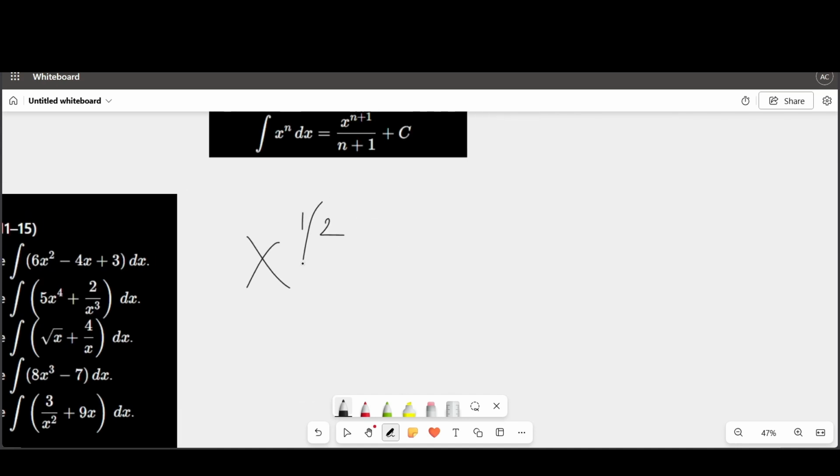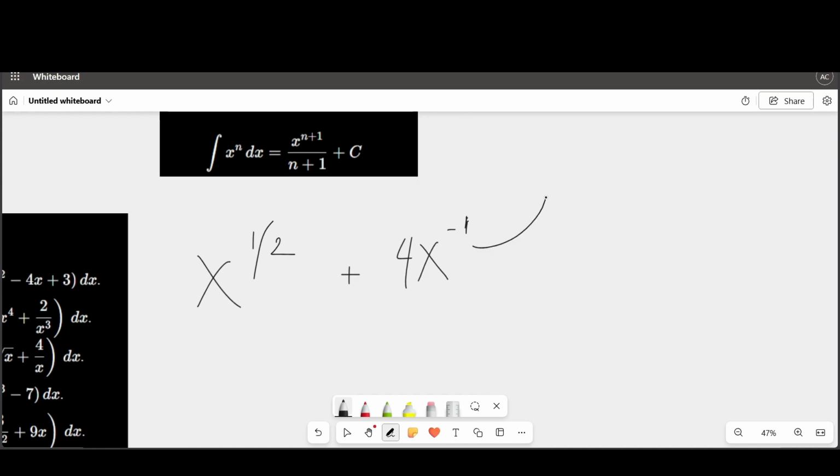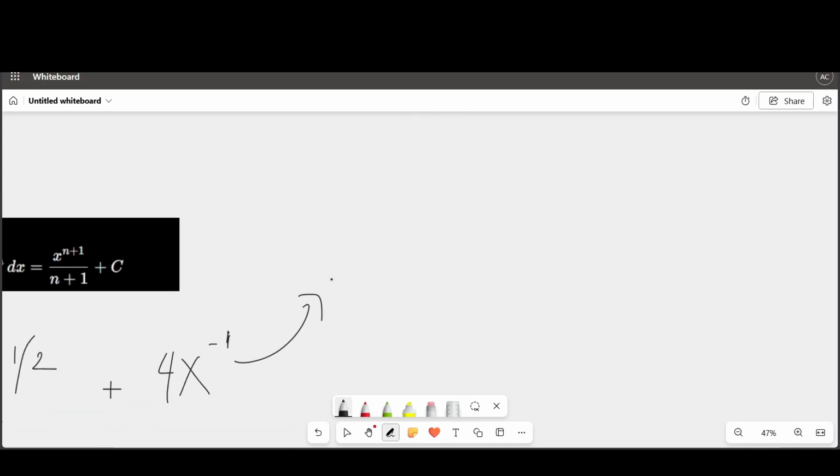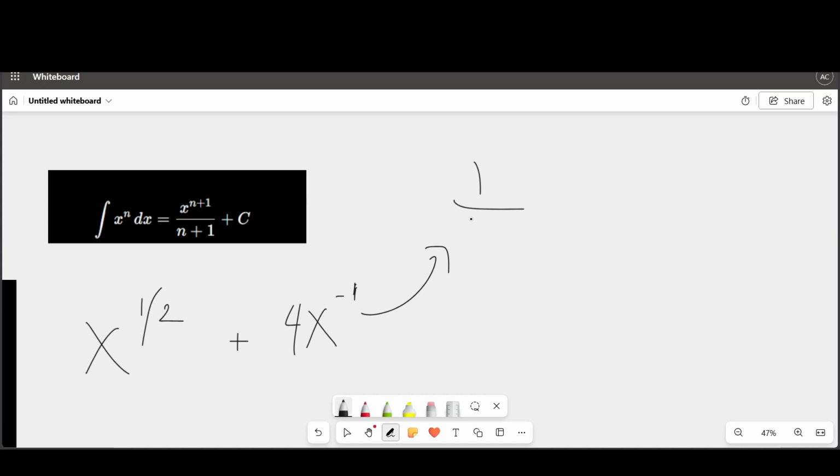It's gonna be rewritten as 4x to the power of negative 1, and since this is 4x to the power of negative 1, I believe that's 1 over x.